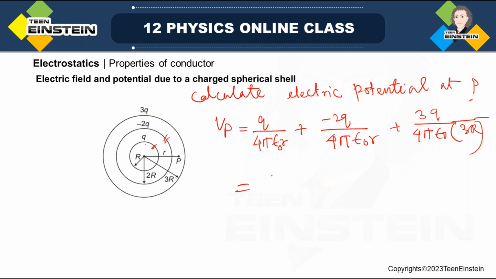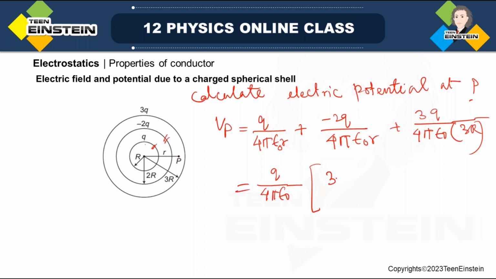So if I simplify a little bit, this is 4 pi epsilon naught, this will be minus Q by 4 pi epsilon naught, and this will be plus.